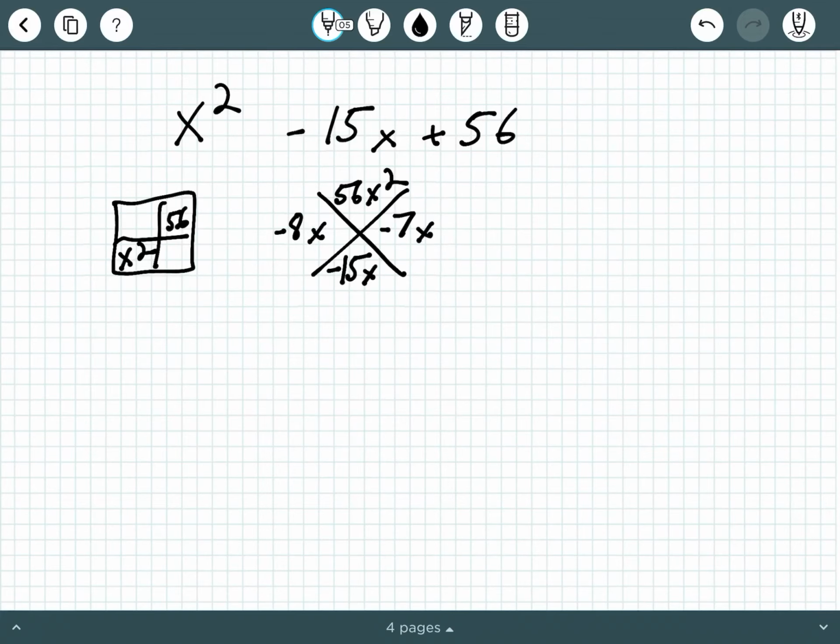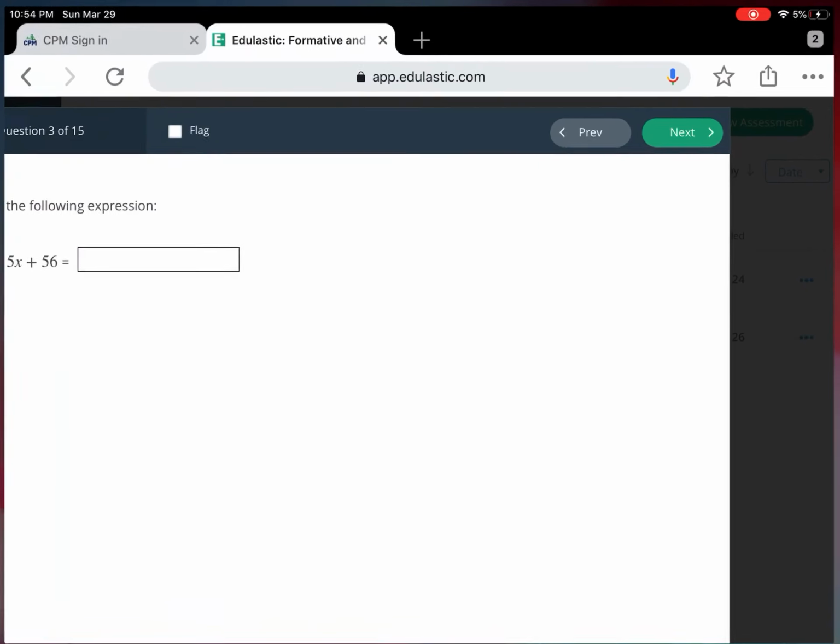So we've got what to plug in here, and then we just take out our greatest common factors again. So that means we'll take out negative 8 and we'll take out negative 7. Our factors are x minus 8 multiplied by x minus 7. And that's all we had to do for that problem. We didn't have to go further to solve.